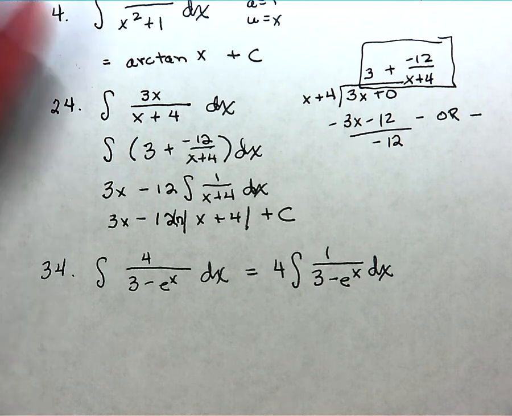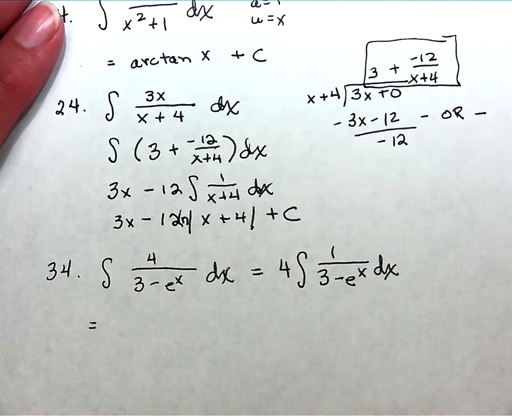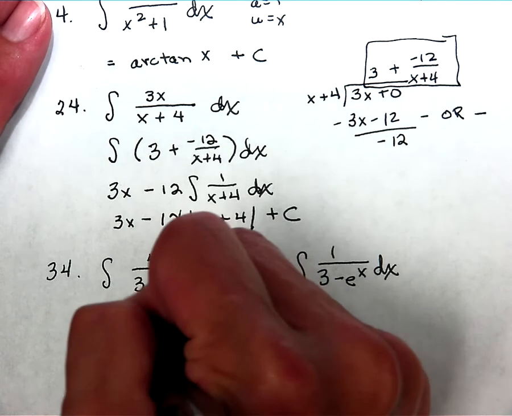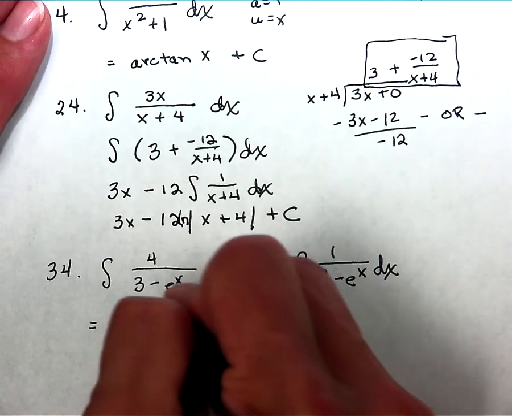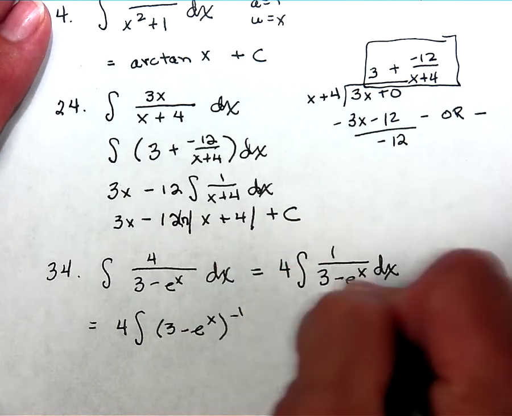Okay, well, let's write it down. I don't know if it'll work or not, but we'll write it in pencil. And I'm knocking out the 4, so 4 times the antiderivative of (3 minus e to the x) to the negative 1.